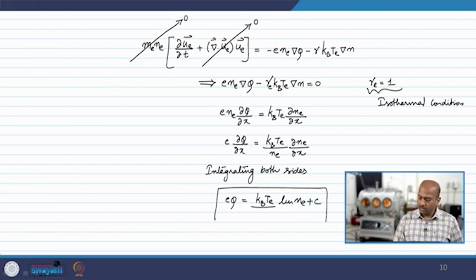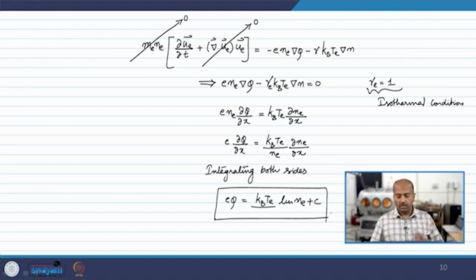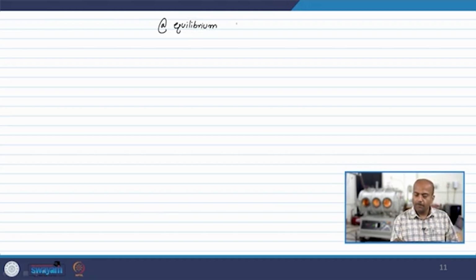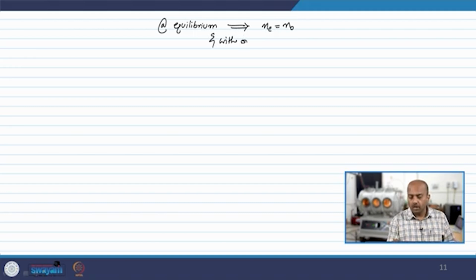So, we are now getting a form of the potential that is responsible for the electric field. Now, let us say at equilibrium, we impose that n_e is equal to n_0, without any vibration.